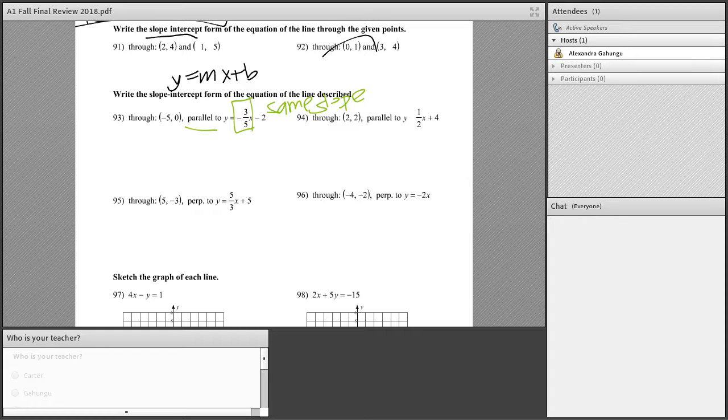Because they said parallel. So it's going to go y minus 0 is equal to -3/5, because we want the same slope, because we want a parallel line, x plus 5.